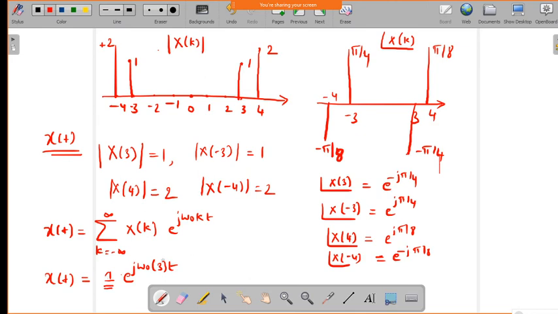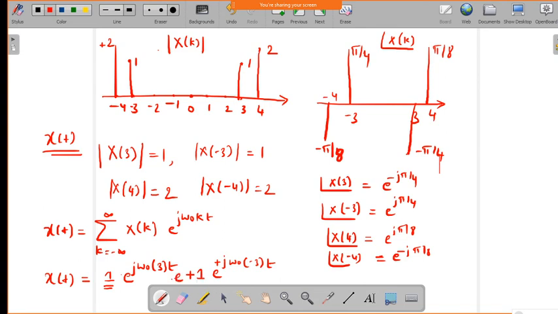And x of minus 3 we can take as plus 1, the magnitude, and e power j omega naught minus 3 into t. So this is for the x of 3 and x of minus 3, and also we have to write the phase values here.